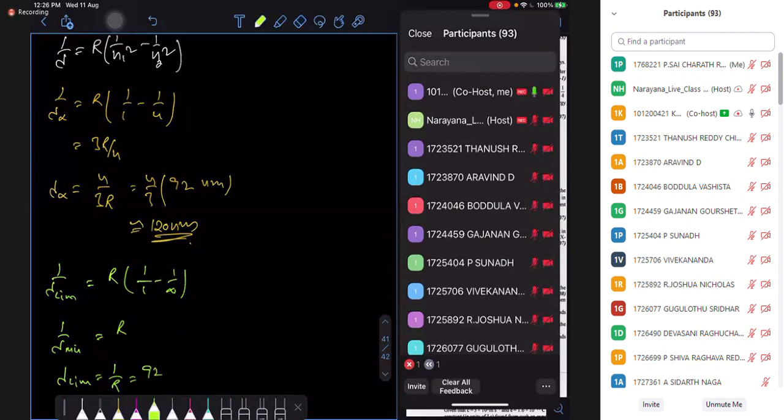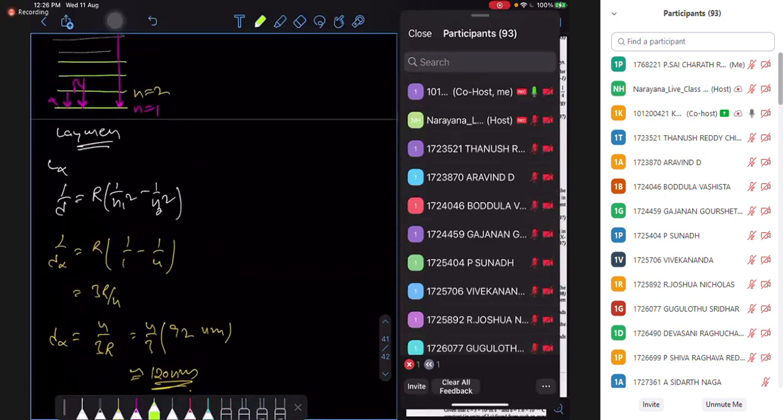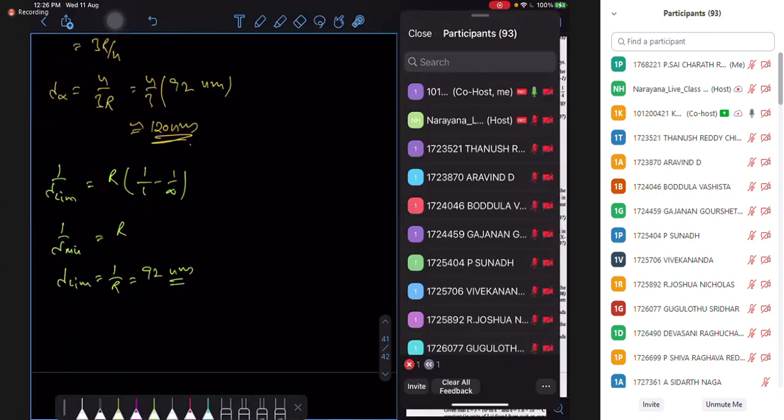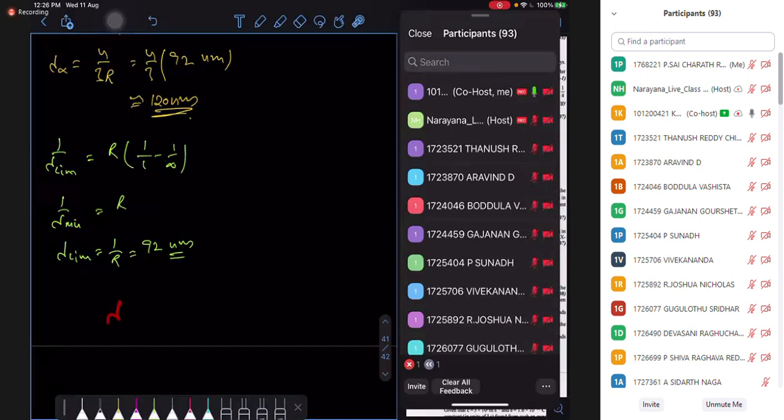So the range of the Lyman series is a very small range. You need not remember it, but if you do, it is useful in some problems. The Lyman series minimum is nearly around 90 and the maximum is 120 nanometers.